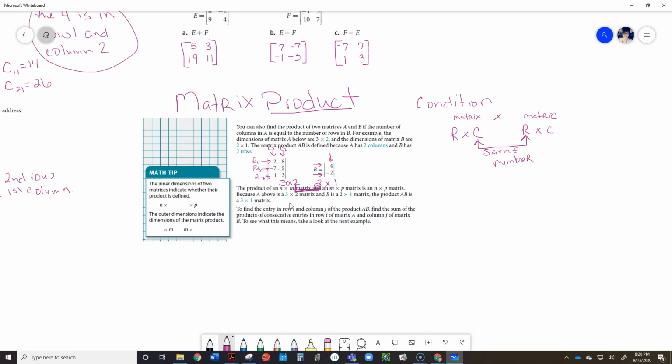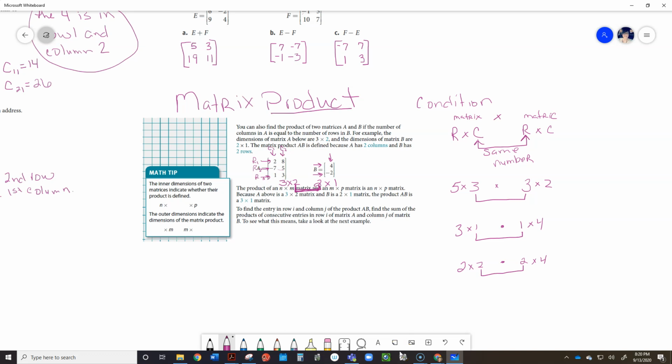multiply. So in other words, a 5 by 3 can be multiplied by a 3 by 2 because the 3's match. 3 by 1 can be multiplied by a 1 by 4 because the ones match. A 2 by 2 can be multiplied by a 2 by 4 because these 2's match.